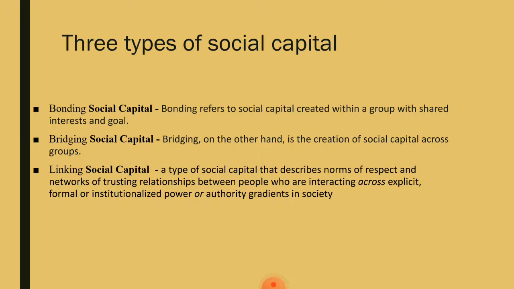Onyx et al. 2007 identified that communities with higher levels of all forms of social capital are more able to mobilize in the face of adversity and less likely to have negative outcomes.